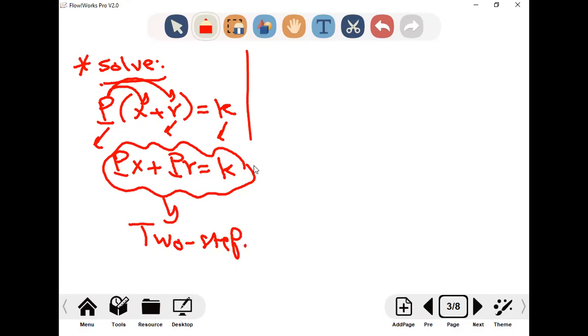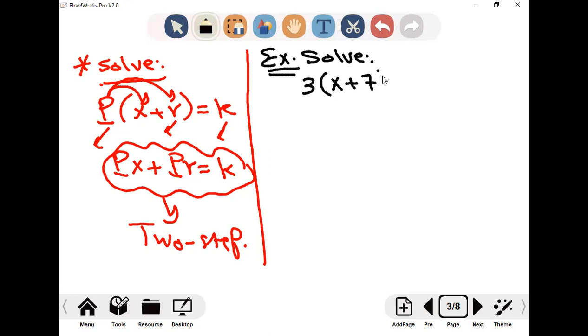For example, solve 3 times (x plus 7) equals 9. First step, we distribute the 3 over the parentheses. 3 times x is 3x, 3 times 7 is 21, equals 9.